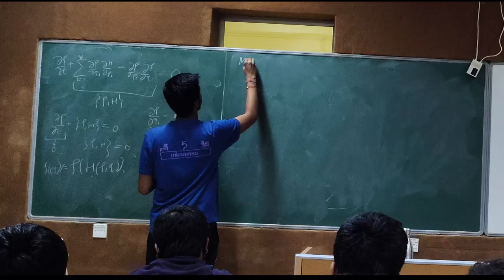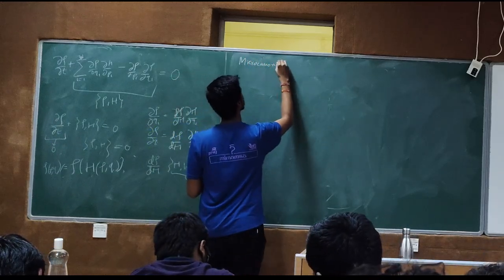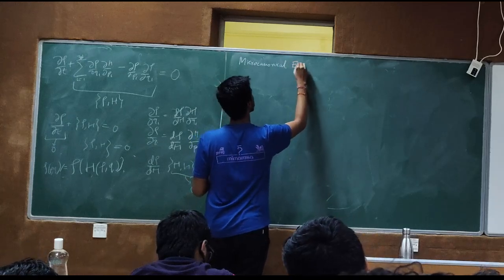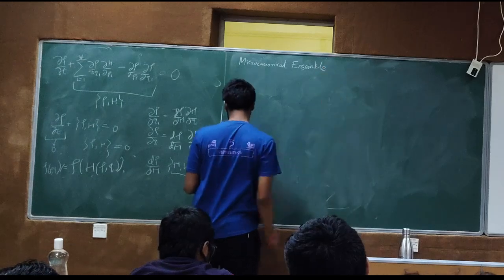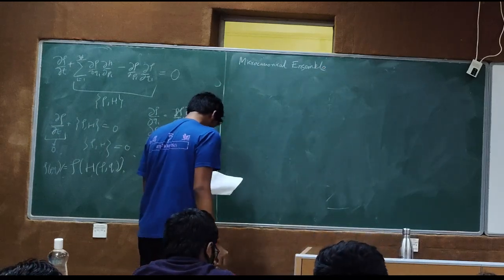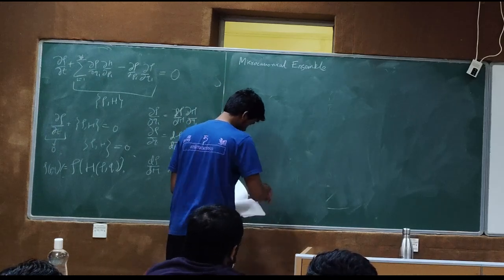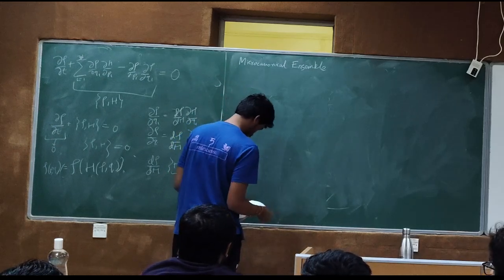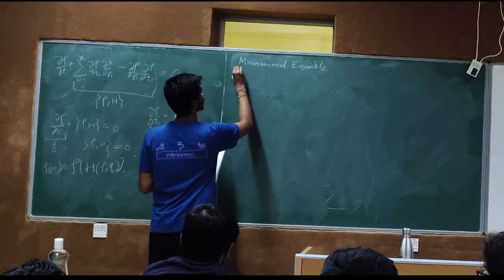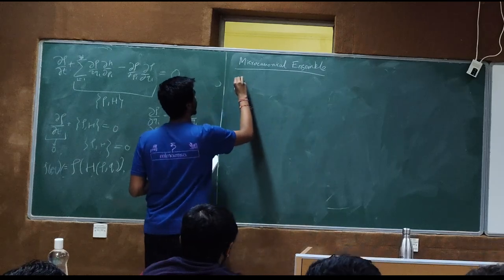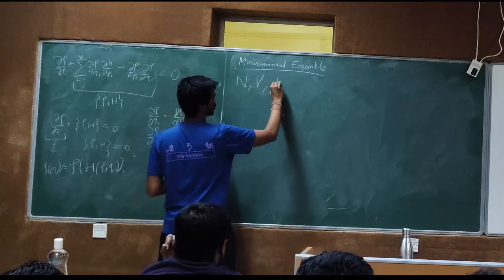Now we talk about something called the microcanonical ensemble. This is defined as a system where you have a fixed total number of particles, fixed total volume, and fixed total energy.